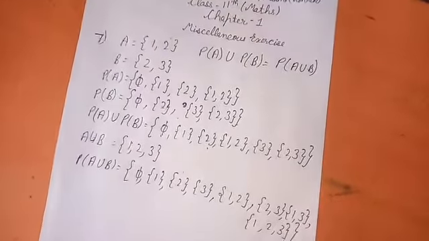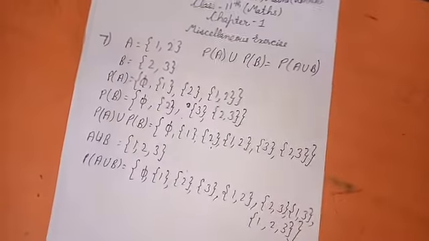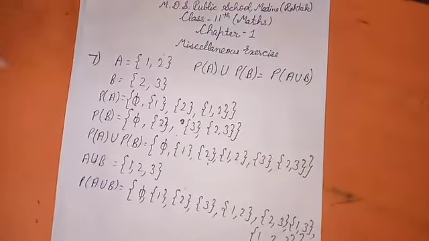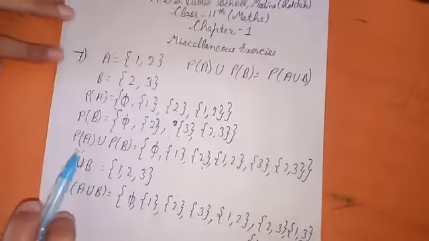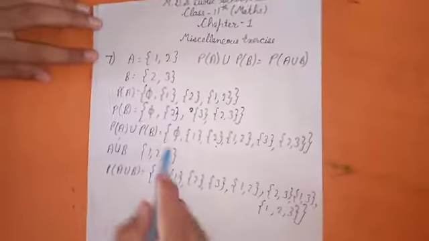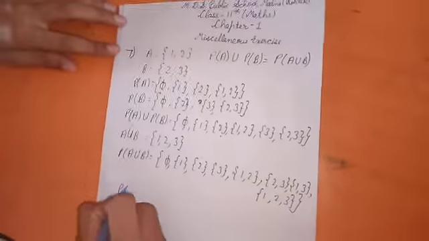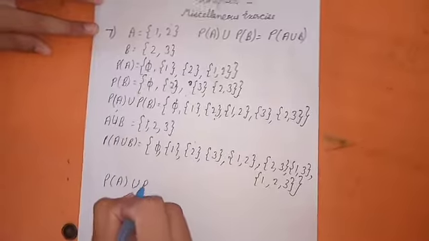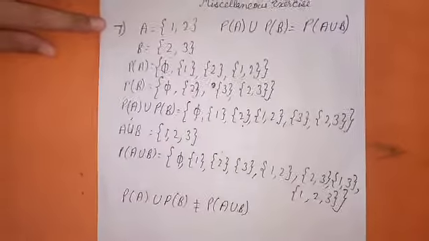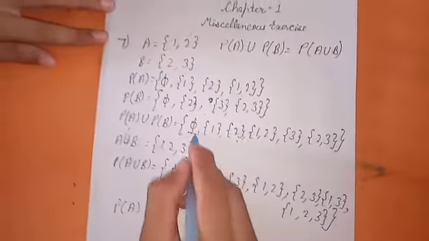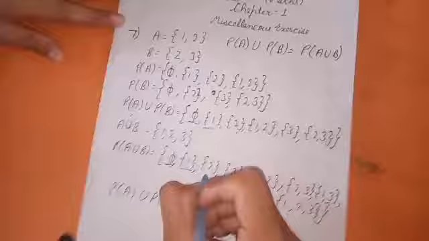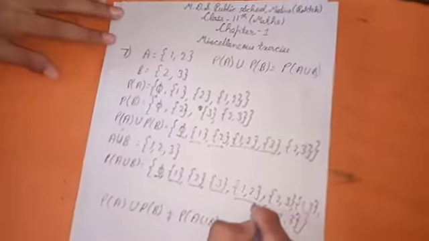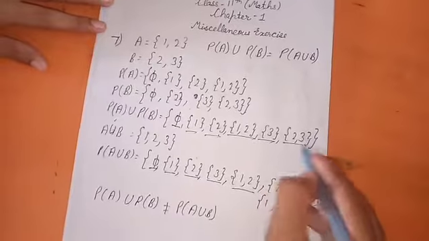So it is the power set of A union B. Now you can check that the power set of A union with the power set of B is not equal to the power set of A union B. Okay, because look, the empty set is in both, {1} is in both, {2} is also in both, {3} also there, {1, 2} also there, and {2, 3} is also there.